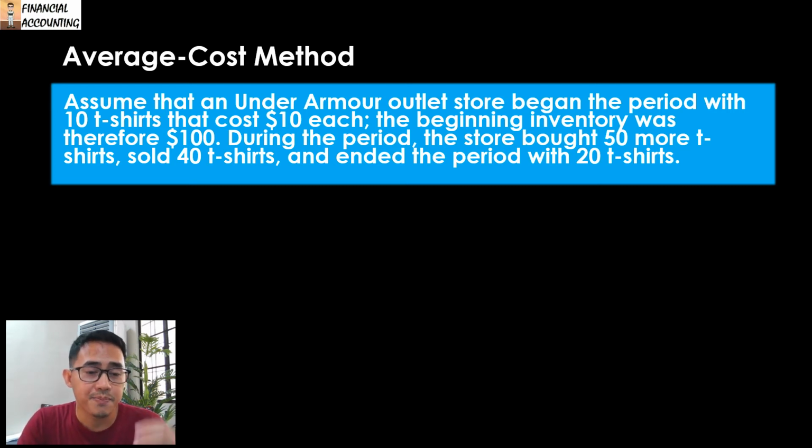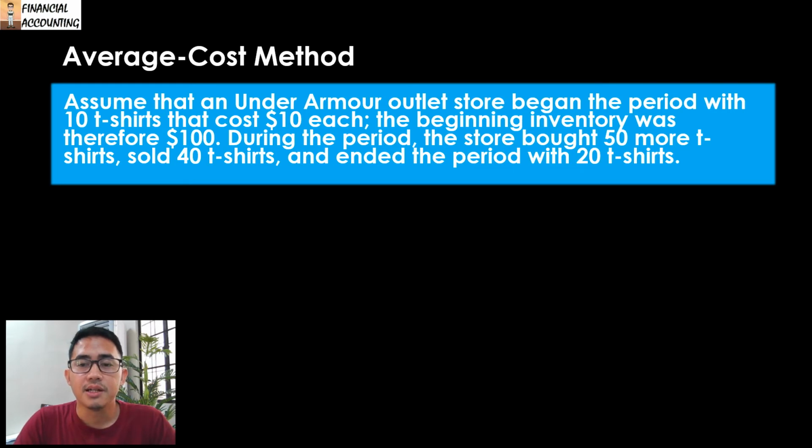Let's have here an example. Assume that an Under Armour outlet store began the period with 10 t-shirts. That means that is your beginning balance. That cost $10 each. The beginning inventory was therefore 100. So that's 10 times 10.